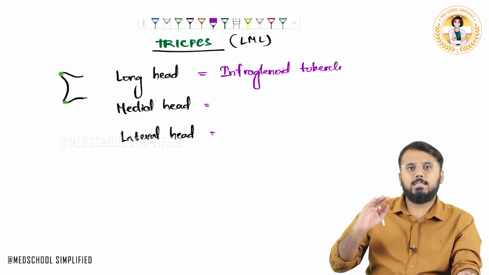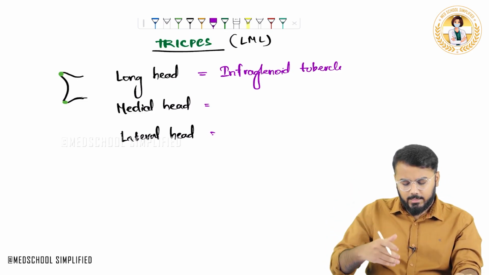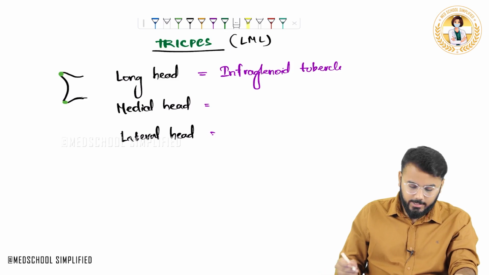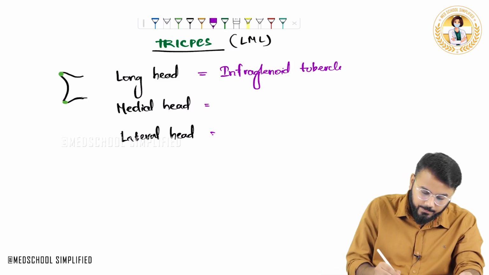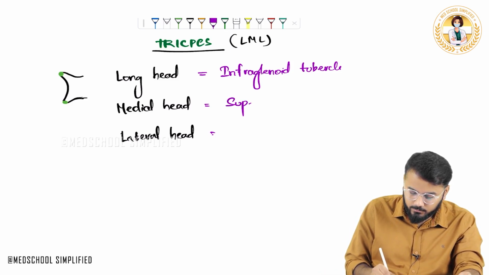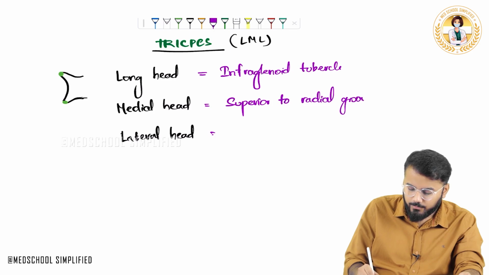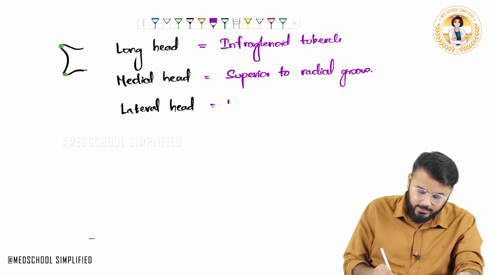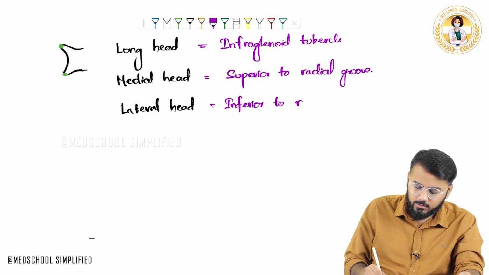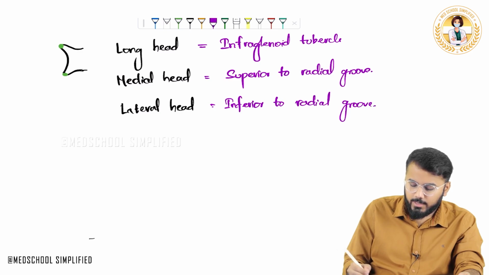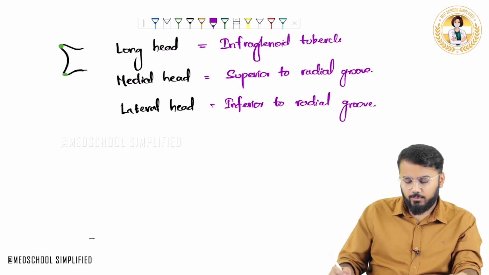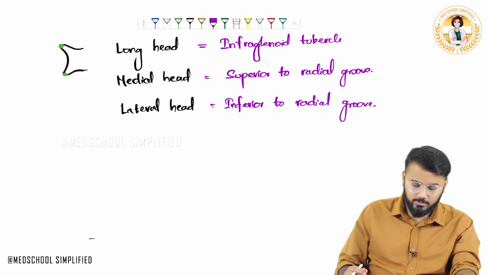So the medial head is attached above the radial groove, superior to it, and the lateral head is attached below the radial groove, inferior to it. So one head is attached superior to the radial groove, whereas the other is attached inferior to the radial groove.